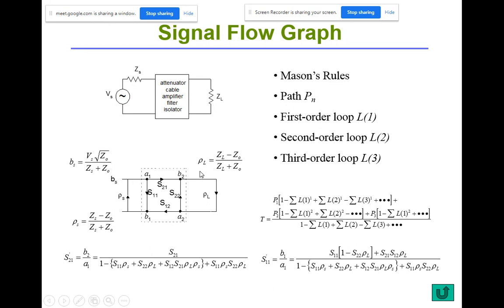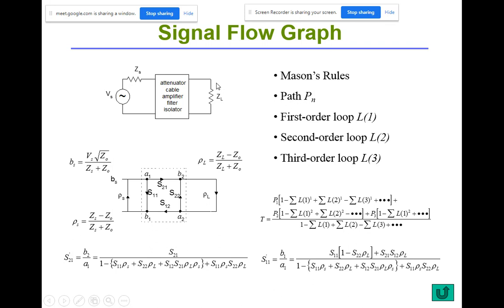So once we have the values of rho S, rho L, BS, and also the S matrix of the device, now we want to know the actual or measured value of S21. That means now we are actually analyzing the overall S matrix, isn't it?